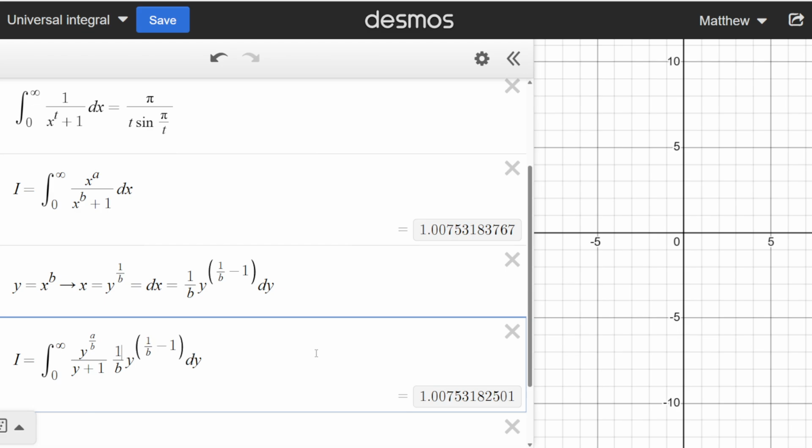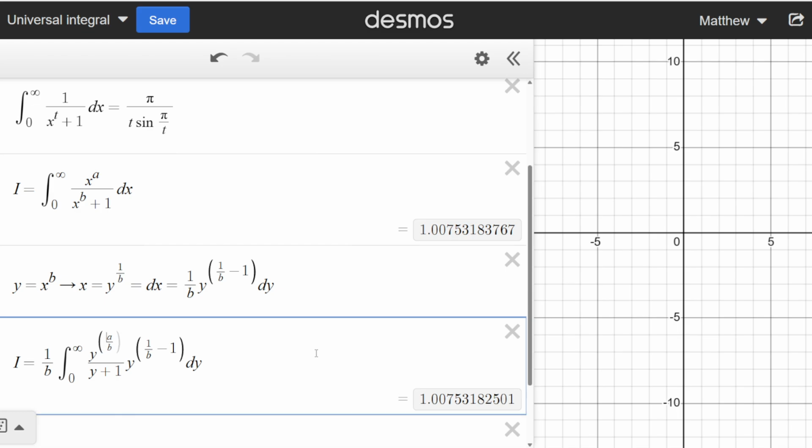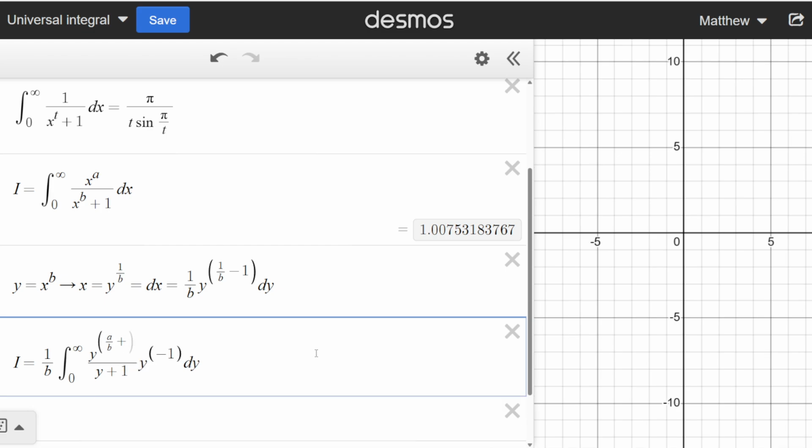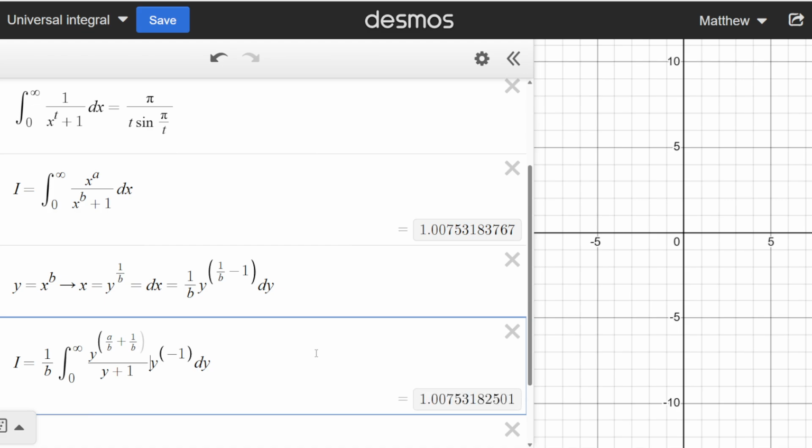Okay, so let's clean this up a little bit. Let's go ahead and bring this outside like that, and then combine our exponents. Let's get rid of this 1 over b, and we'll paste it right here. And then we'll just do a minus 1 to take care of this.